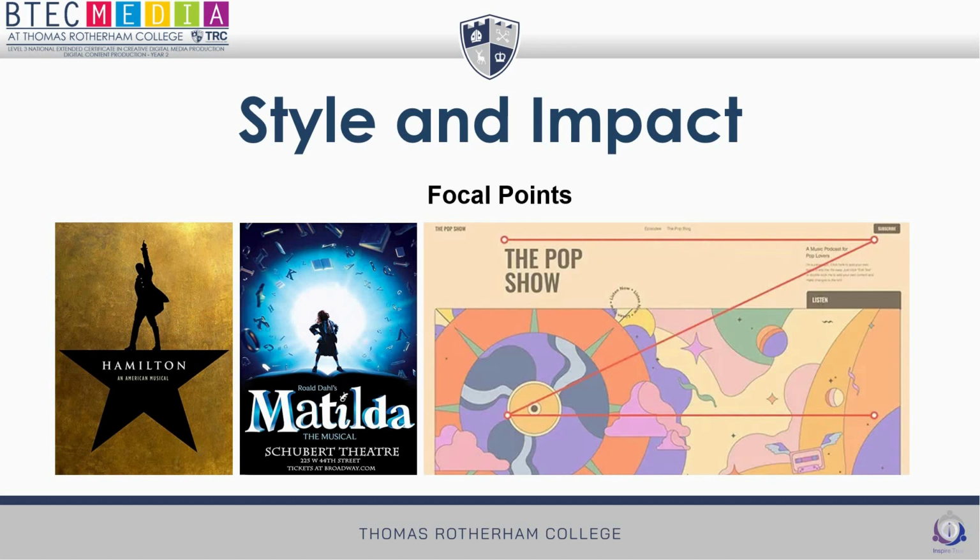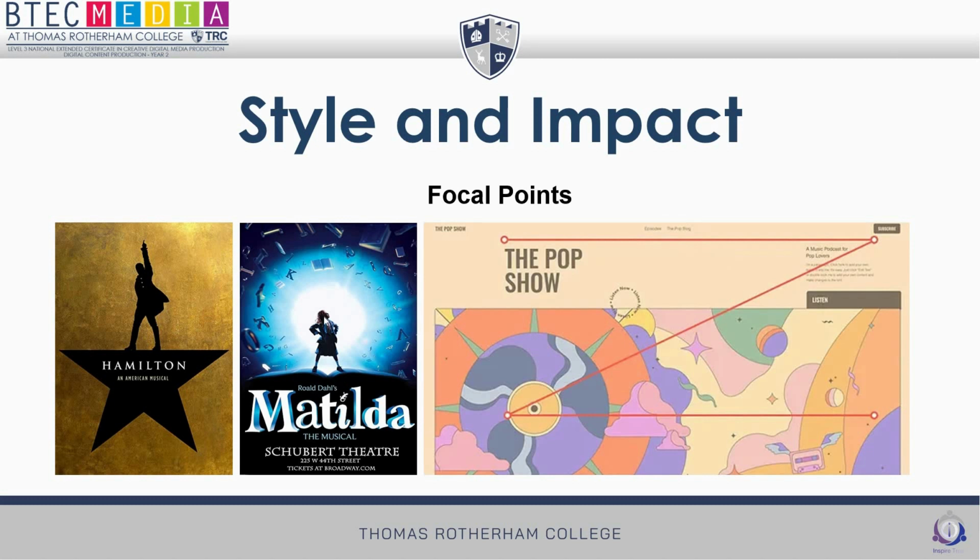So, for example, if you look at that Matilda poster, you can see the focal point of that is clearly meant to be the character of Matilda in the middle of the page. So you might think, okay, well, how does it do that? Well, one of the obvious examples you can see there is, first of all, the contrast, because you've got a contrast in tone there, haven't you, between the white image and the darker shadowy image of the character, but also you've got a little bit of radial balance in there as well.